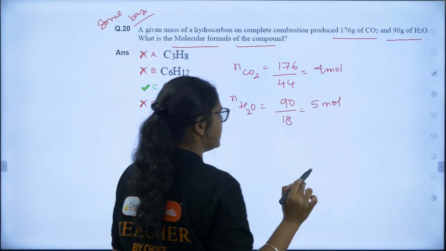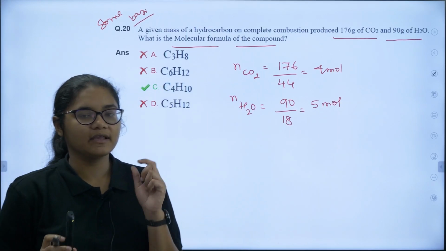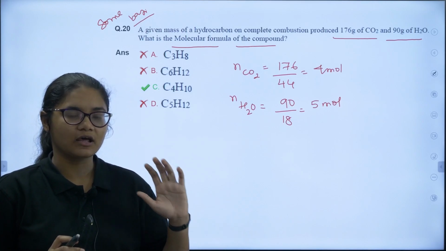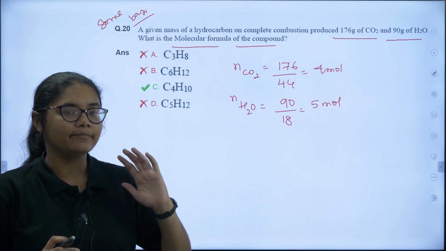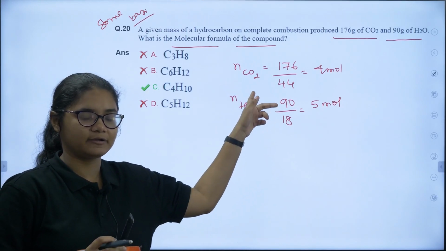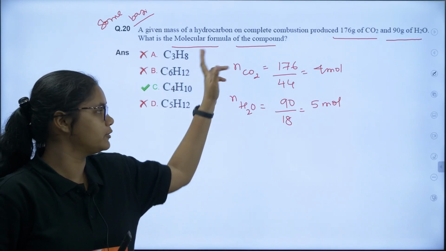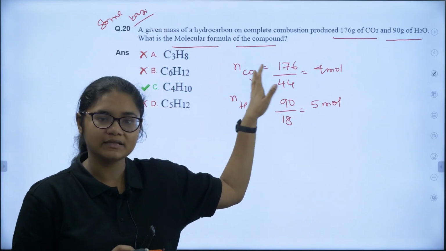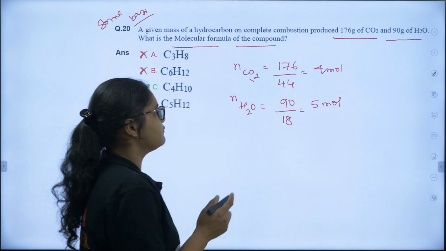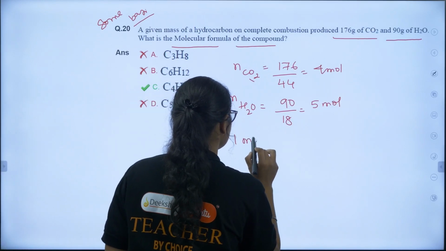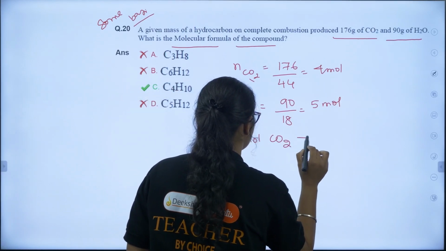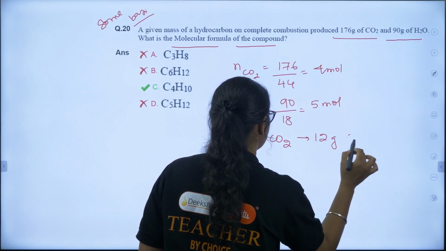Okay, now if you see in the organic compound we have carbon and hydrogen, so whatever carbon is present in the organic compound, that carbon must be from the carbon dioxide it is producing. So I can say whatever carbon is in the organic compound, the same amount of carbon is present in this carbon dioxide. So in 1 mole of carbon dioxide we have 12 grams of carbon, right?